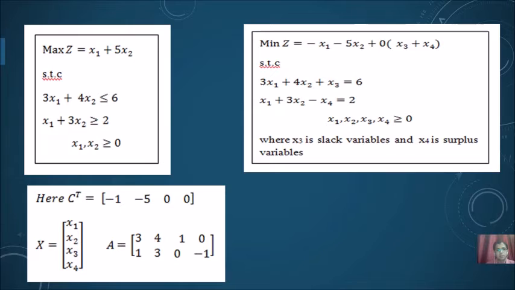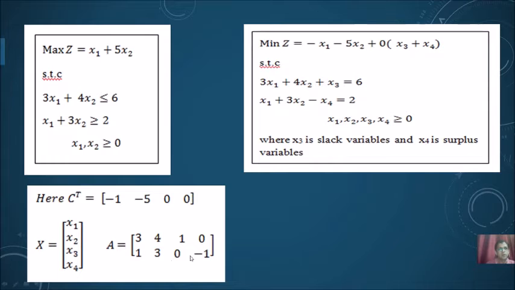As I said, the simplex method is an iterative method, and therefore we are going to need an initial basic feasible solution. For the initial basic feasible solution, since m equal to 2, the basis will have two variables, right?